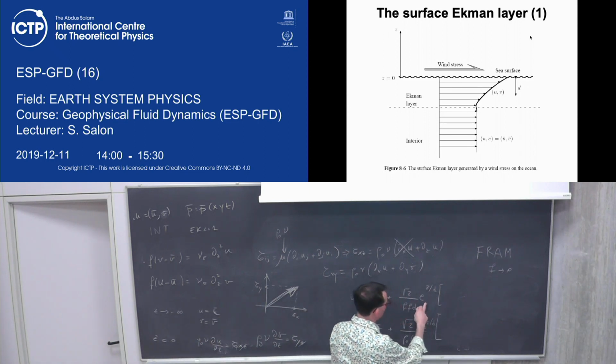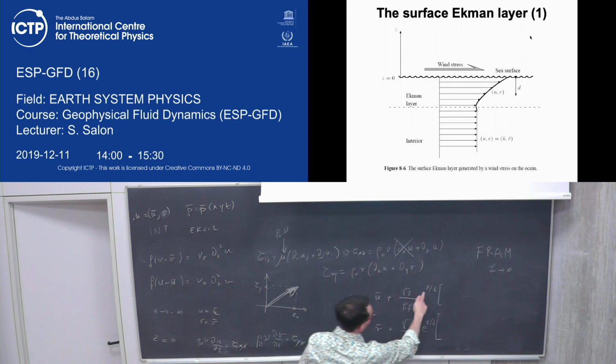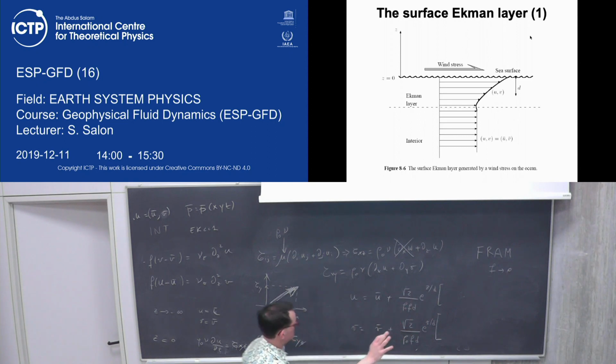And then, of course, we have an exponential variation. So z now, don't forget that we are considering negative z. So when z goes to minus infinity, of course, all this term goes to 0, and we remain only with the geostrophy.